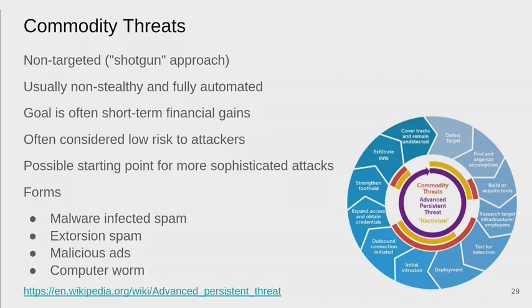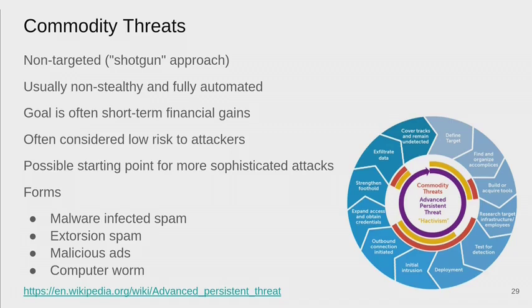Please click on this link to keep access to your EPFL email. They're usually not stealthy, fully automated, and the goal is often short-term financial gain. They're often considered very low risk to attackers, who can easily scale this, and are fairly easy to pull off. It's also a possible starting point for more sophisticated attacks.